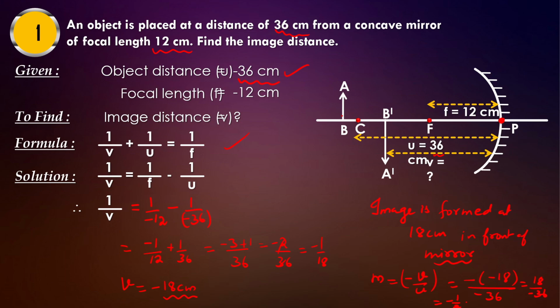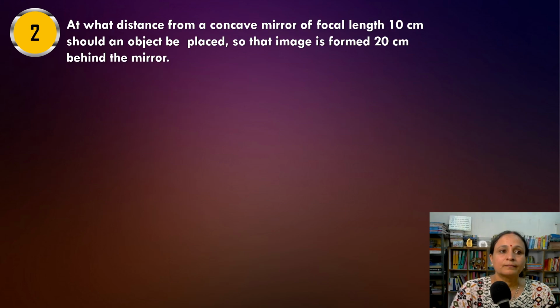So it is half the size. Here the image is inverted, and actually the image size is smaller than the object size. Okay. Now let's do the next question.